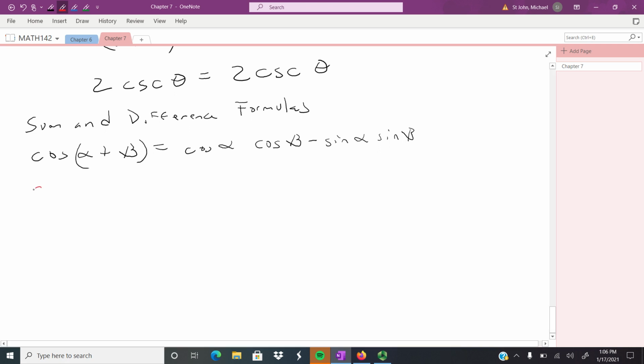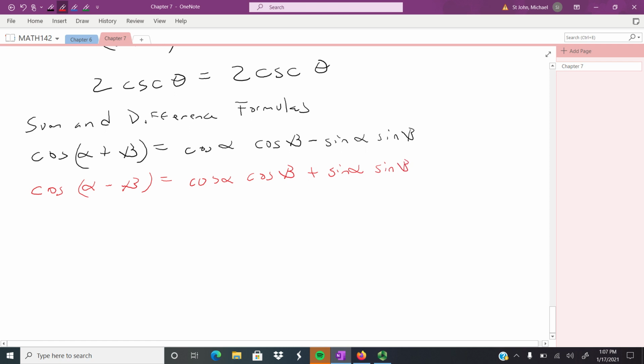And then we have cosine of alpha minus beta equals cosine alpha cosine beta plus sine alpha sine beta.